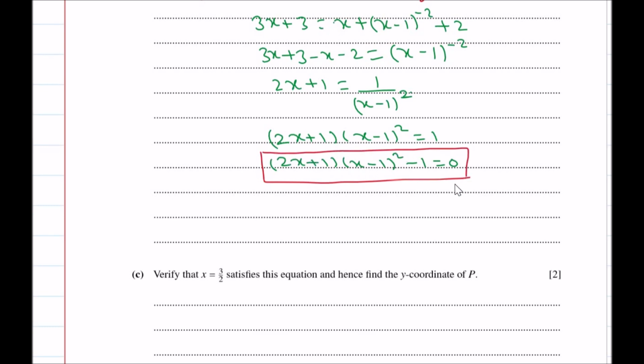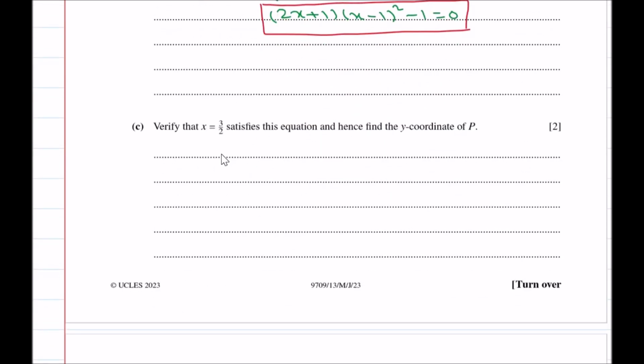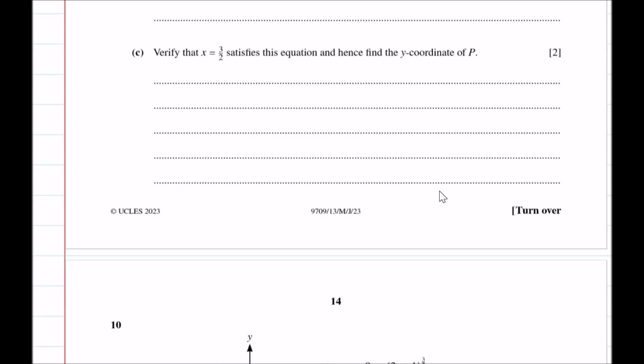Okay. Now verify that x equals 3 by 2 satisfies the equation and hence find the y coordinate of P. So we have to satisfy this. What we will do, we will substitute this and check that we are getting the same value on both sides, right hand side and left hand side.